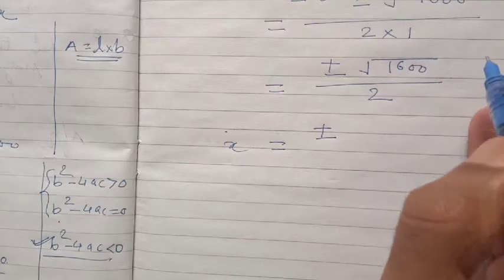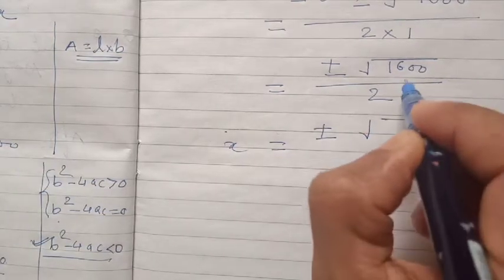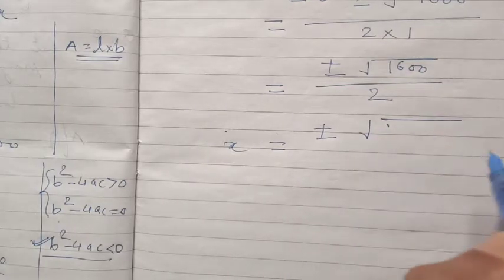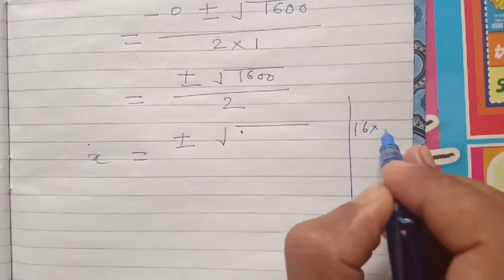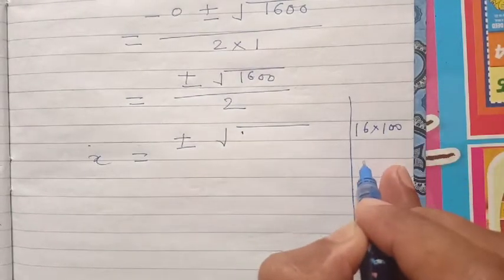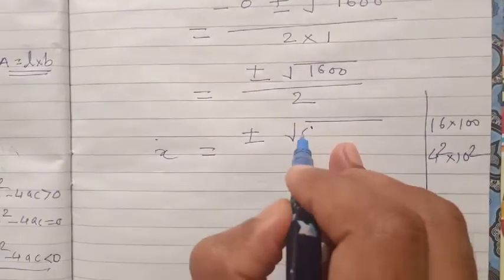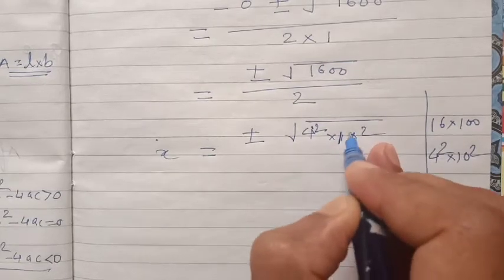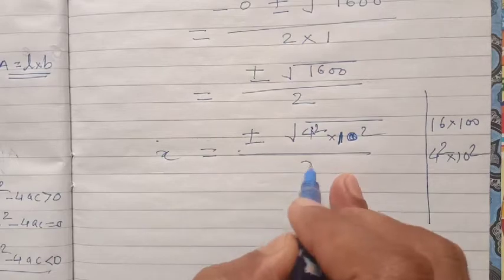You know very well, like that, square root 16 into 100, it means 4 square into 10 square, clear, 4 square into 10 square upon 2.